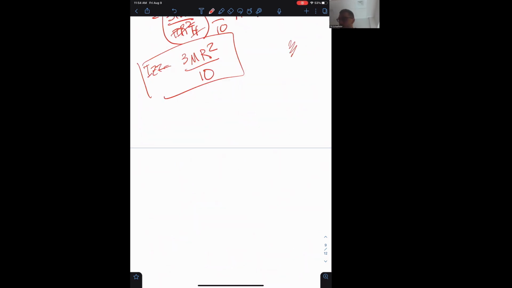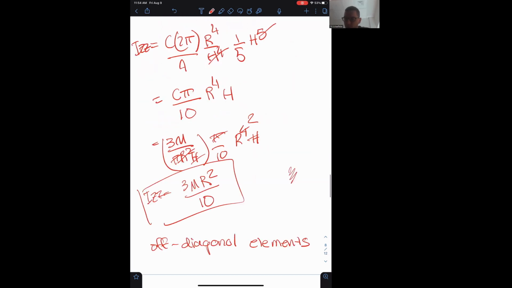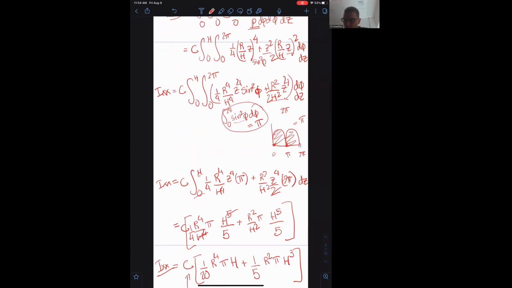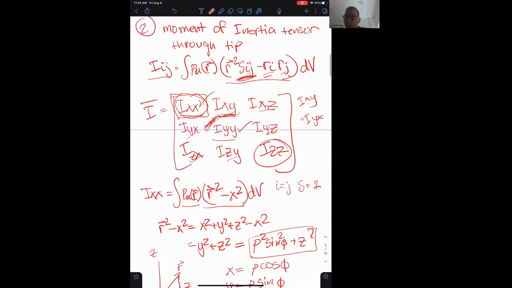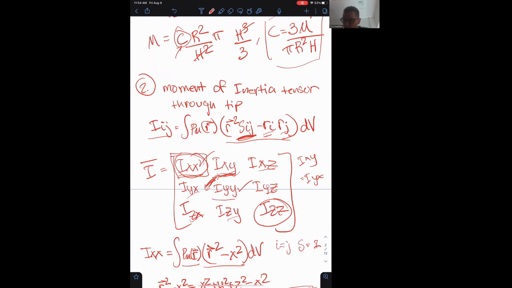So continue with the off-diagonal elements. Still using the exact same formula for the components, except now all of these delta functions are going to be 0, because i is never going to be equal to j. So this part will always give you 0.